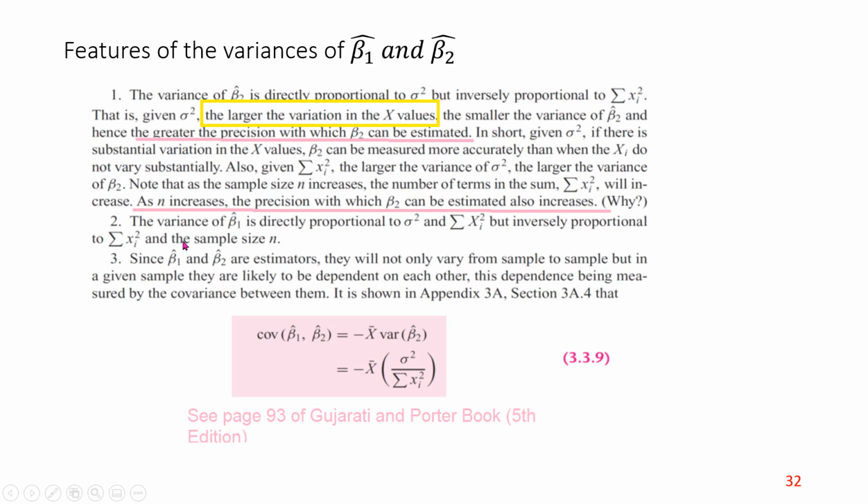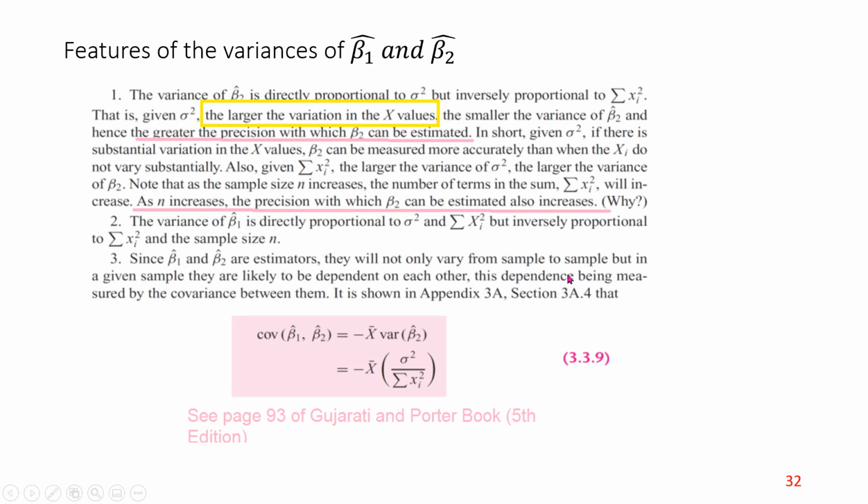Similarly, you can note some other facts about the variance of beta 1 hat, and that for now I leave on you. Just have a look at the formula for the variance of beta 1 hat, and then you can easily understand. Now feature number 3: as beta 1 hat and beta 2 hat are estimators, we know that they will vary from sample to sample.